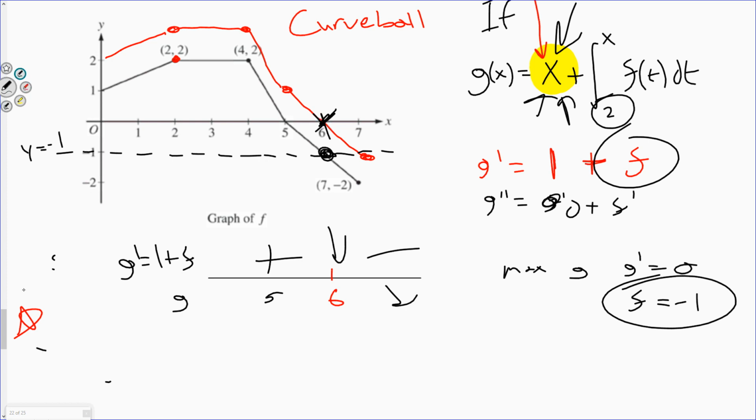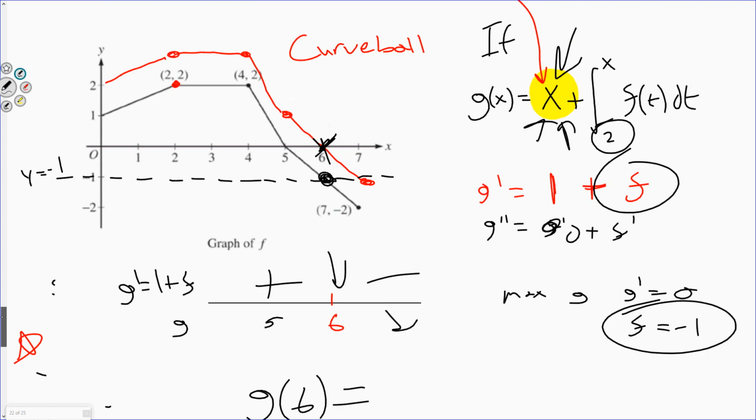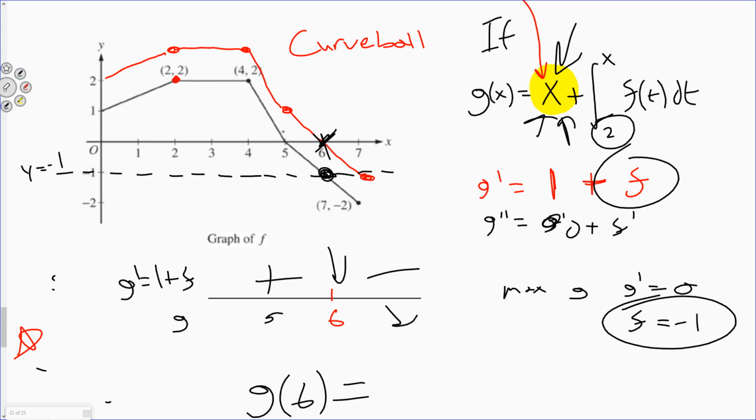But watch how it gets tricky. If you want to find g of 6, it's really confusing when you look at this shifted graph and its displacement, and you don't even know a 0. So you know what you do? You just go back to the original graph. You don't worry about displacement.